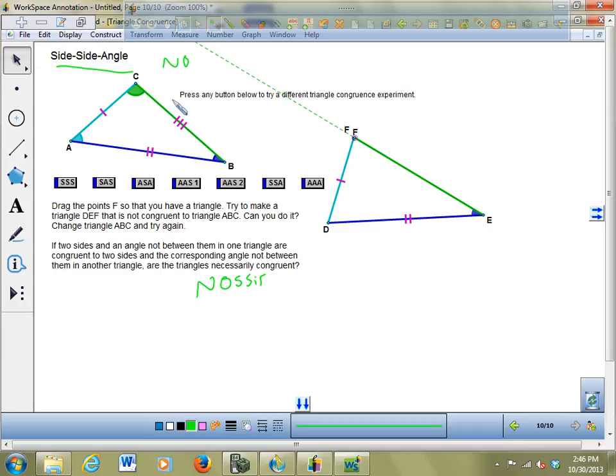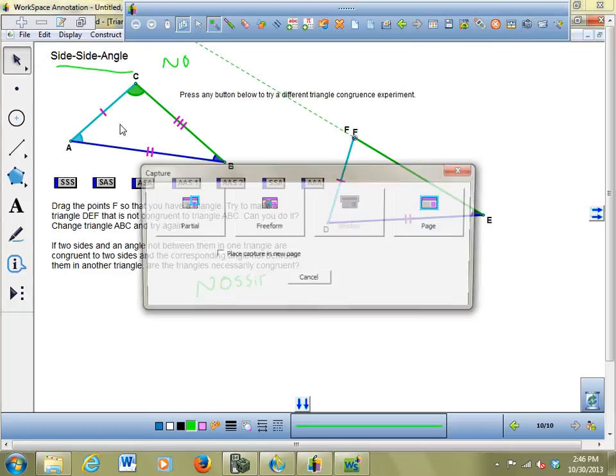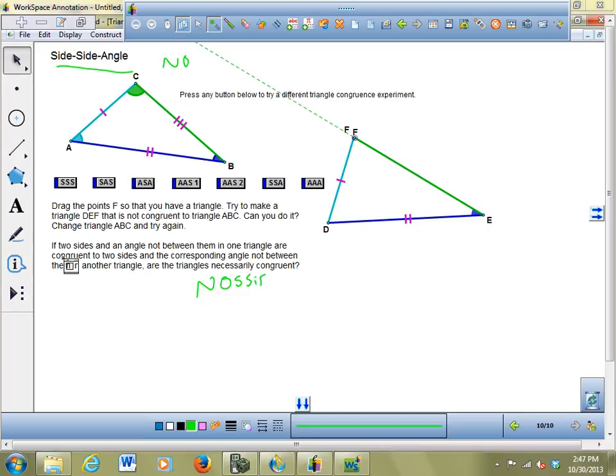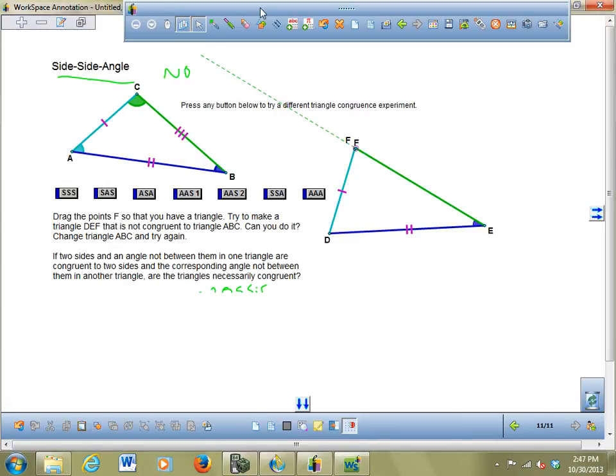All right. So now I'm going to take a picture of this, and then I'm going to show you some examples of the types of things you're going to see. And tonight, I think you're just working on side angle side, and side angle.